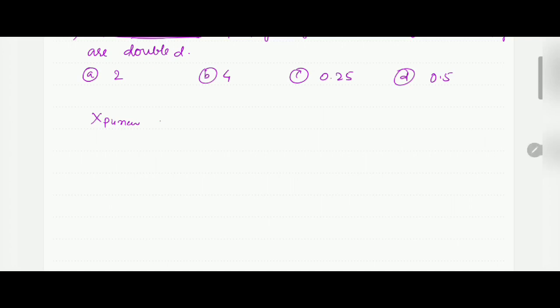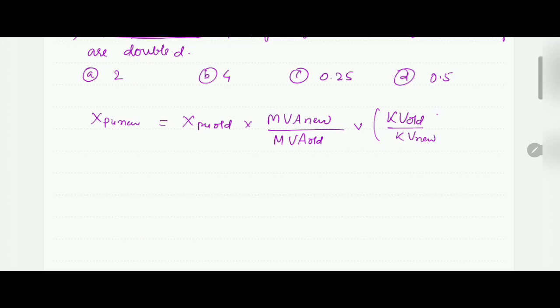So X per unit new will be equal to X per unit old multiplied by MVA new divided by MVA old multiplied by kV old divided by kV new square.